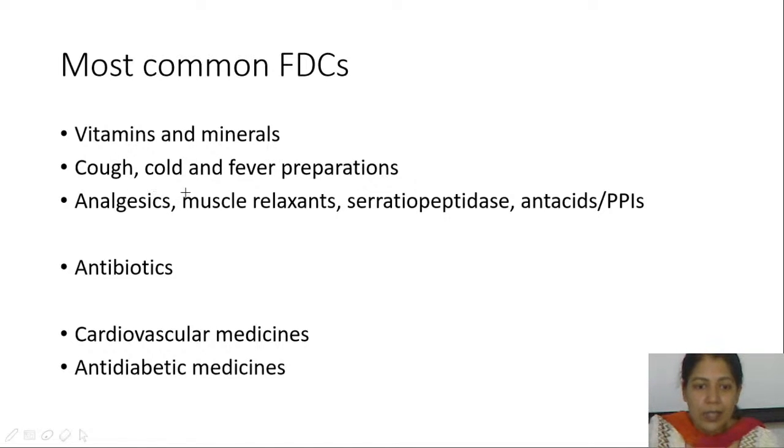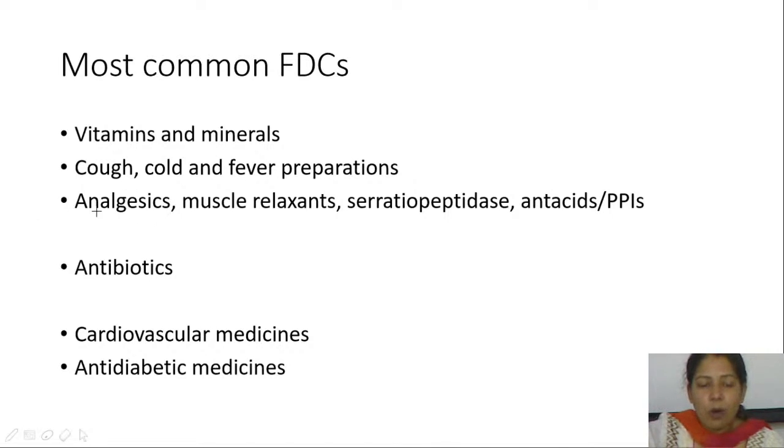If there is nasal congestion, you prescribe separately. If there is cough, depending upon the nature of the cough, whether it is dry cough or productive cough, what is the cause for cough, you prescribe a cough suppressant or an expectorant. This would be covered in details in subsequent classes.